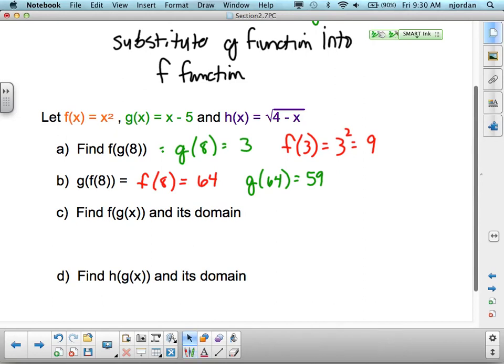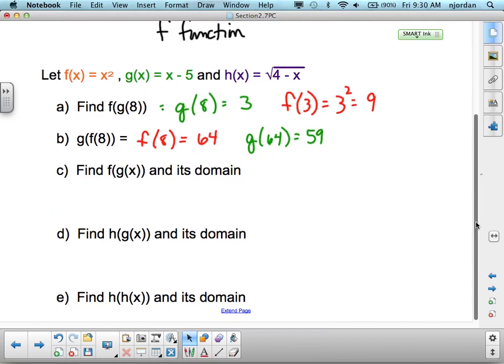All right, now what if we want to do that, not evaluating, but for all possible values of x, okay? So these next three examples are all similar, but completely different outputs. So it says find f of g of x. So again, if I'm going to write this out, I'm going to write f of g, the g function.